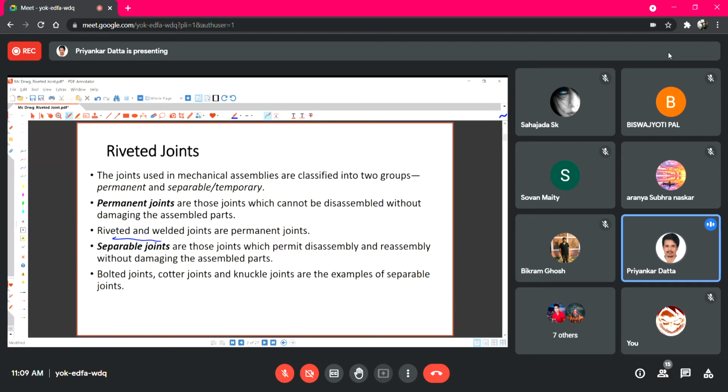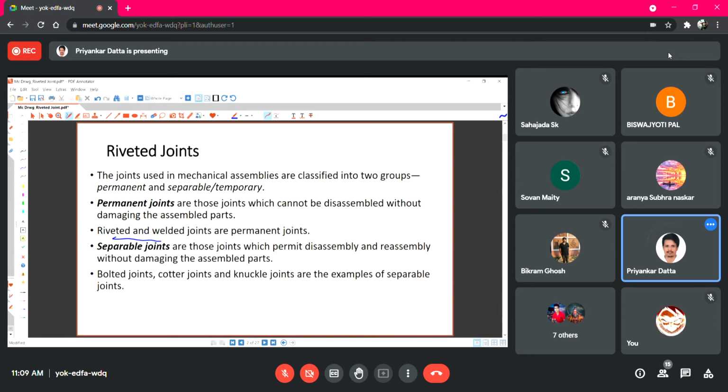Drawing of riveted joints is comparatively much easier than threaded joints, and this topic is much simpler. Once you get into the design aspect, there will be more mathematics involved in those topics. But here mainly the drawing discussion will be there.